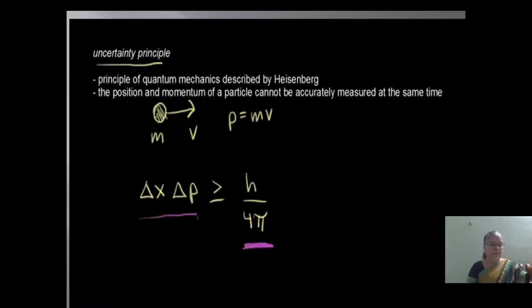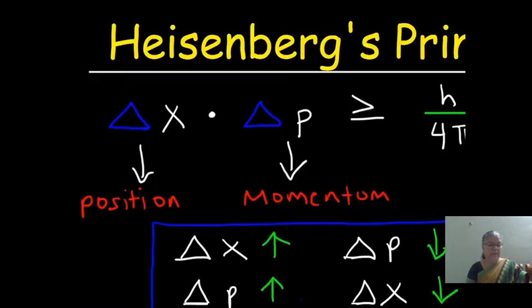If we measure the position of a microparticle such as an electron precisely, that is, if delta x is small, then the uncertainty in momentum delta px is increased. Here I have shown this.